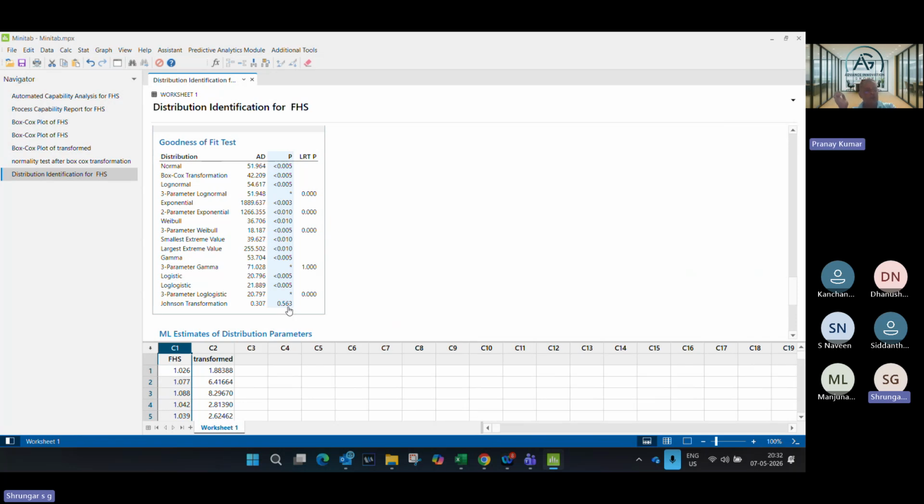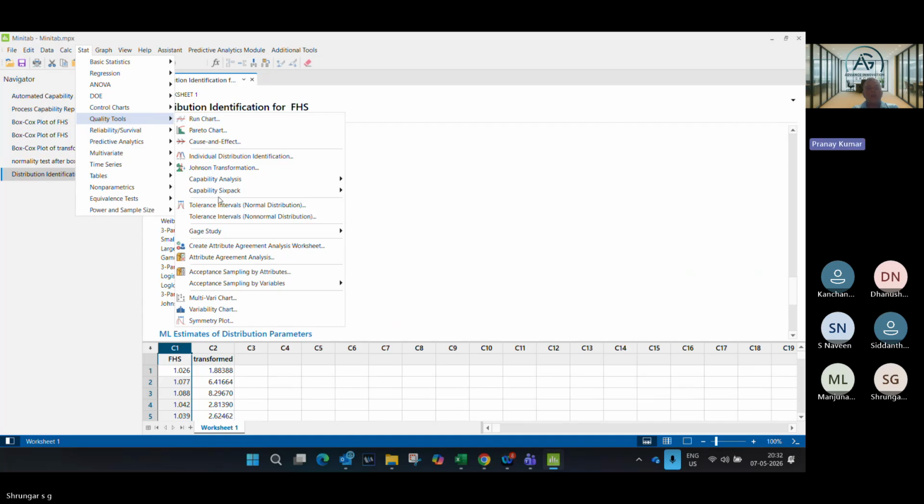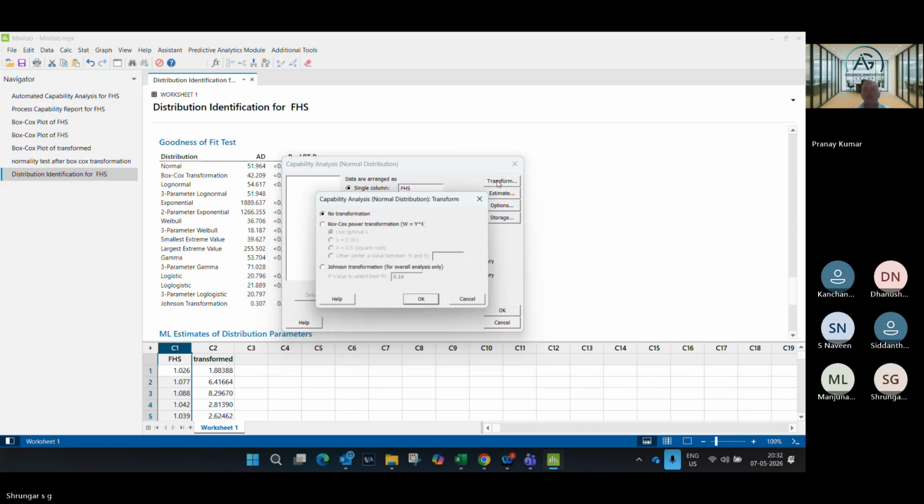So go to Stats, Quality Tools, Capability Analysis, Normal. Select FHS, subgroup size 1, add USL, LSL. Transform, Johnson's.